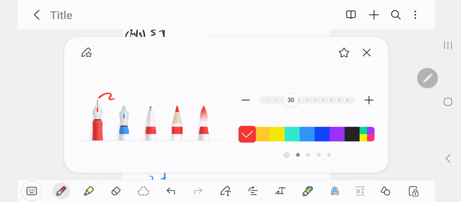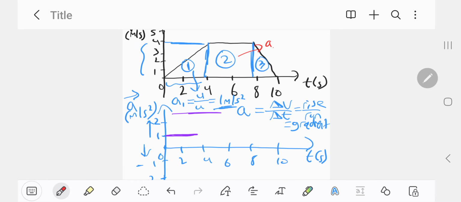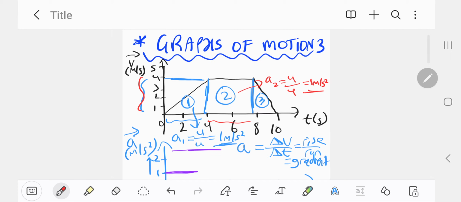The second shape there, the acceleration a sub 2 is this rise, which is 4 once again, over the run, which is from 4 to 8 seconds, and that's 4 divided by 4, and that's 1 meter per second squared. So once again, so the acceleration is this constant. My apologies, what am I doing? It's actually 0.